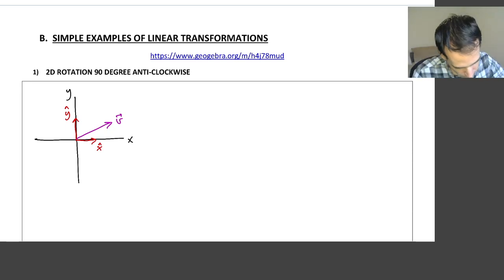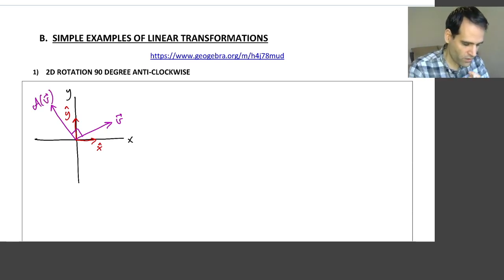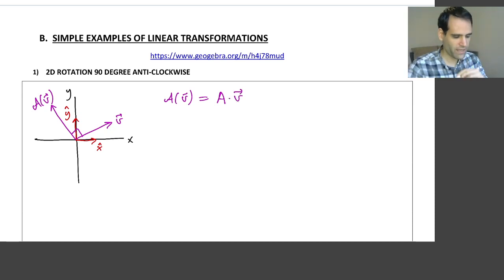So we should end up with a vector like this, where this is 90 degrees. So this would be the transformed version of V. Yeah. So we want to find a matrix such that this transformed vector of V is equal to matrix A times vector V. That's our aim. Okay, so our aim is to find this matrix A.